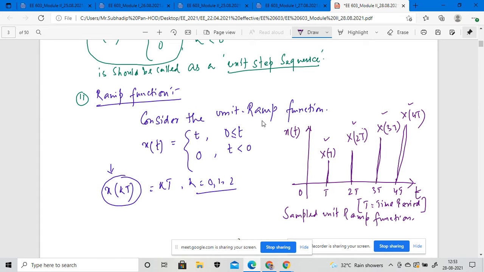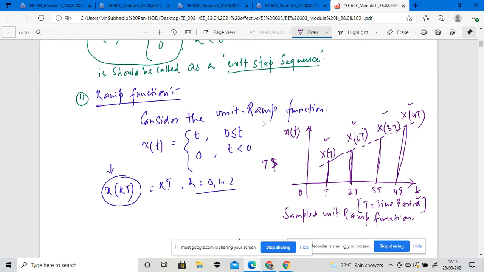So in that case, we consider the magnitude of the sample value, which is proportional to the sampling period. As we increase the time period, we observe that the magnitude of the sample value increases in nature. How can we find the magnitude?